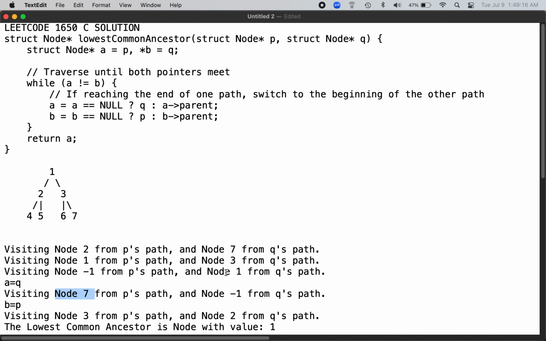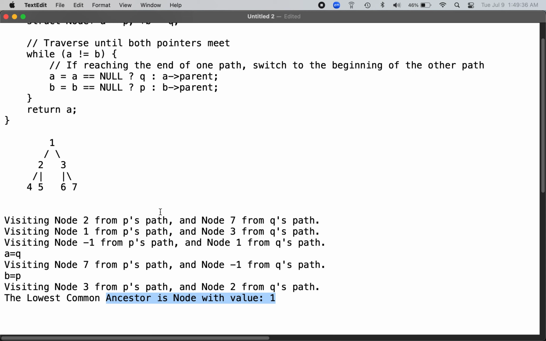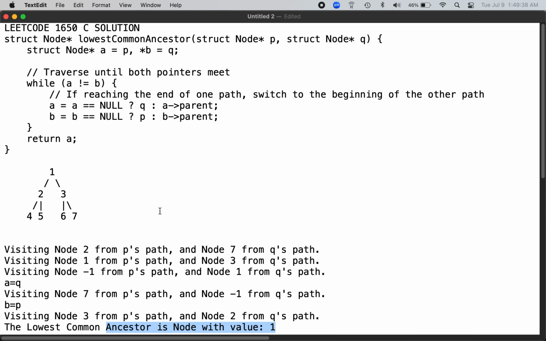B is at 1 and then B goes to null. Then A goes to 3, and B goes to 2, and in the next step they meet at 1. So that is the lowest common ancestor.